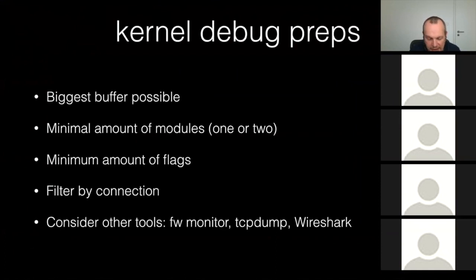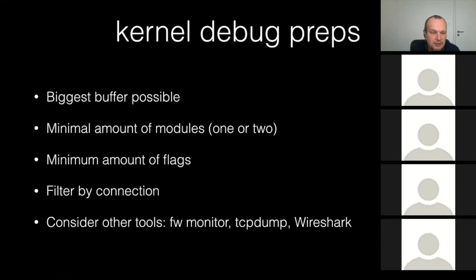One more thing: I've shown you that you can add flags on the fly and remove flags on the fly. If you are looking at the debug in real time, you can open a different SSH session and run the commands adding or removing flags from a different session while looking at another one with the debug outputs.